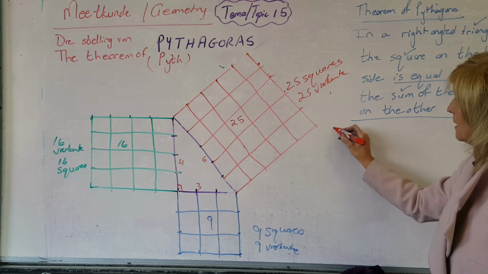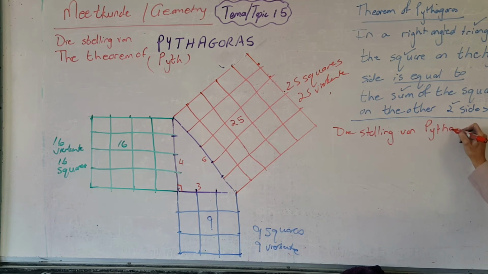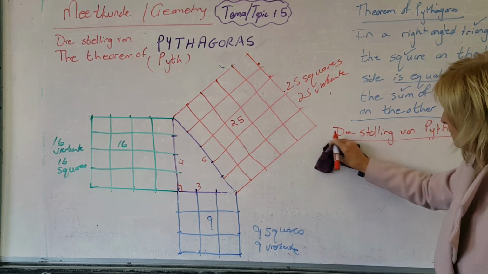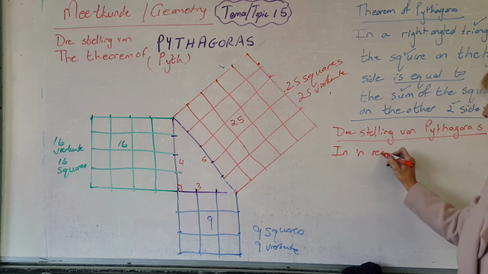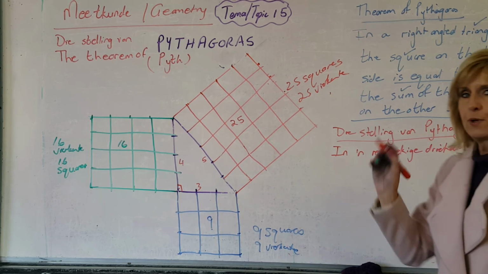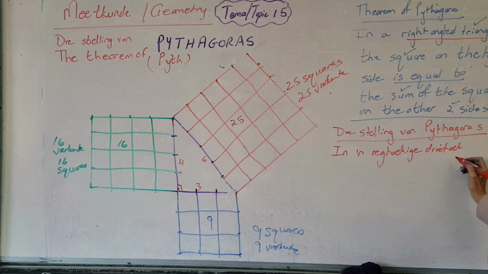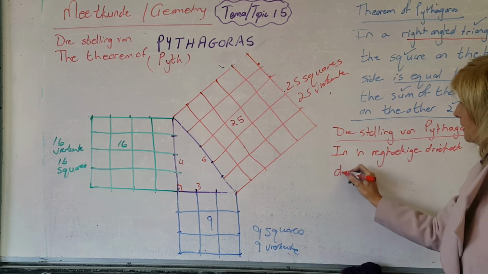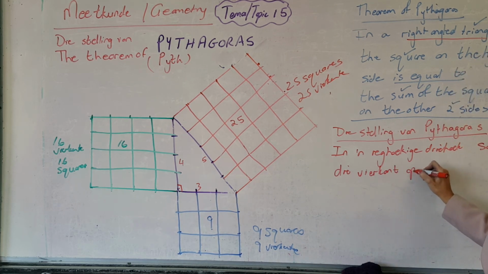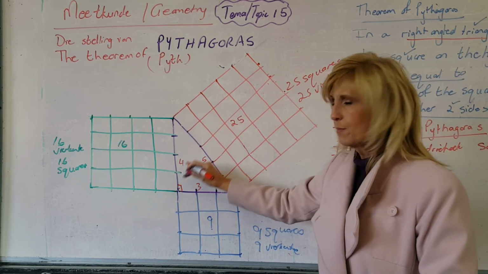Jy sê dat die stelling van Pythagoras sê, stelling van Pythagoras is die vierkant, nee, in 'n reghoekige driehoek, very important, that does not happen with any other triangle, only in a right angle triangle, in 'n reghoekige driehoek, sal die vierkant, is eintlik maar die kwadraat, sal die vierkant op die skynsy, is ons altyd die een teenoor die 90 grade hoek, the hypotenuse is always opposite the 90 degree.